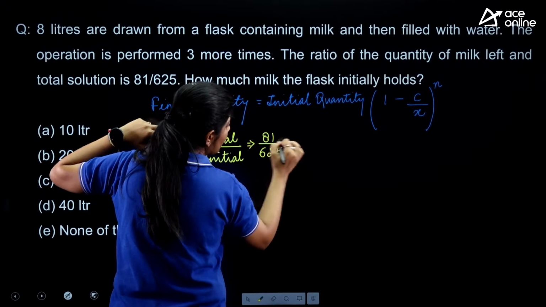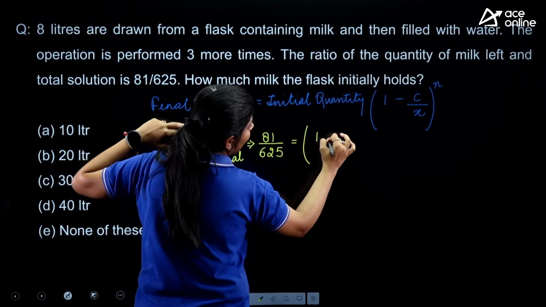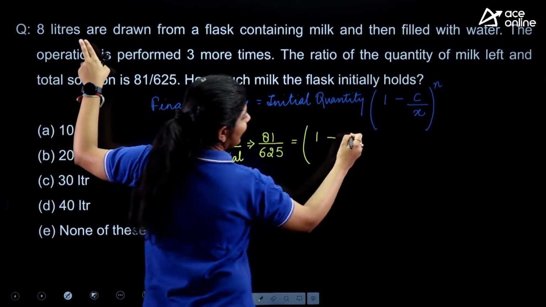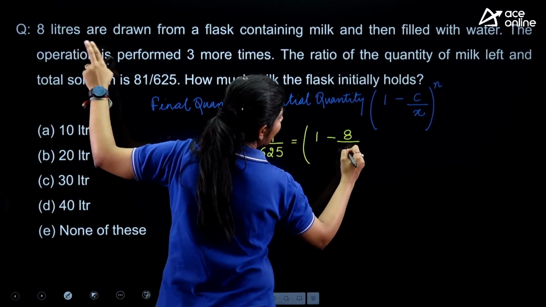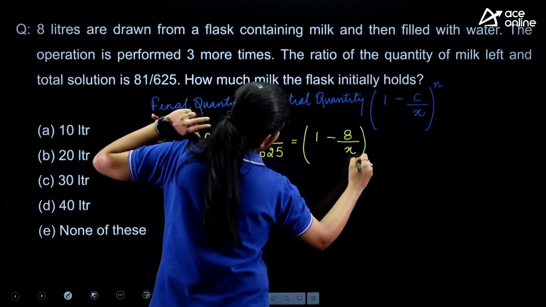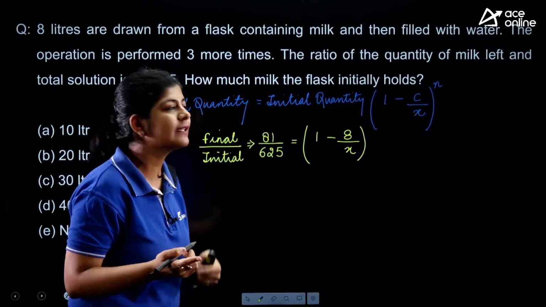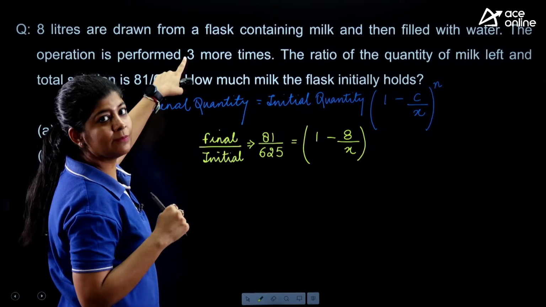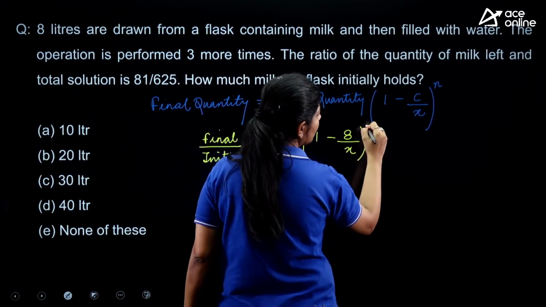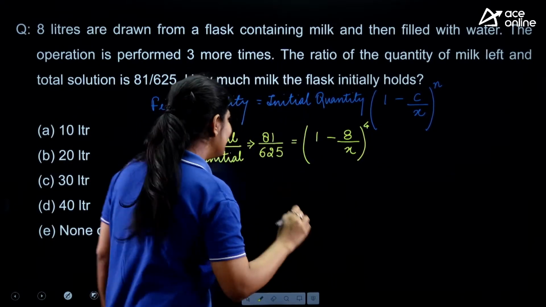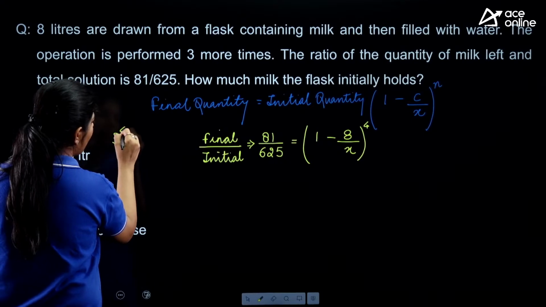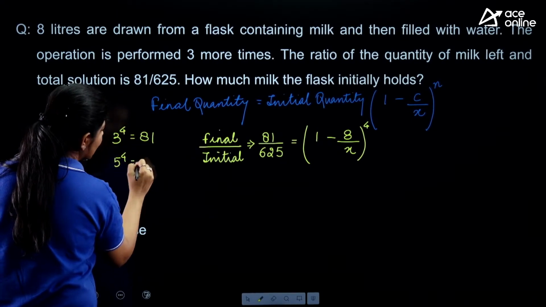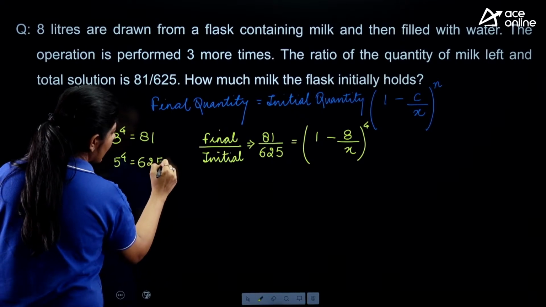So this value should be equal to 1 minus, how much quantity are we taking out? We are taking out 8 liters divided by the total quantity that we don't know. And how many times did we repeat this? Initially we drew, and after that we repeated the same step 3 more times. That means the total is 4. And we know that 3 to the power 4 is 81 and 5 to the power 4 is 625, right?